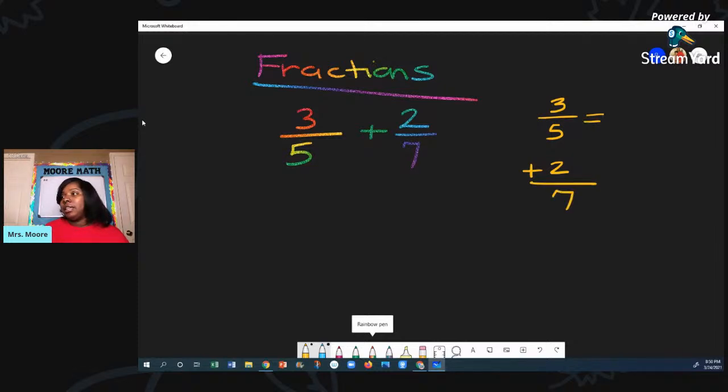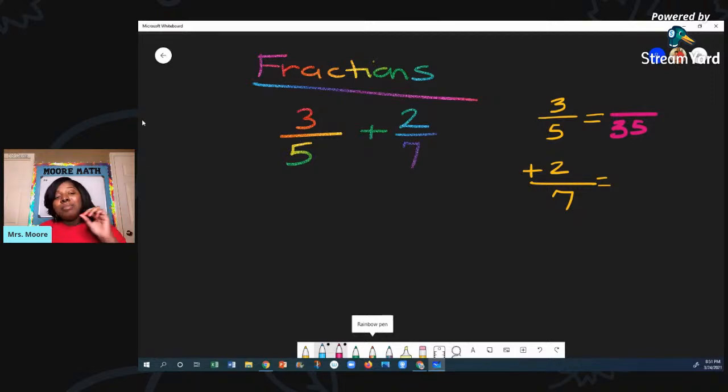All right, so our common denominator that we said is 35. Now here's the thing. I need to keep my fraction balanced, okay? If I do something to this denominator, I'm going to need to do something to this numerator to keep it the same, okay? This fraction, 3/5, should equal this fraction on the right. They got to stay the same. So I got to keep it balanced.